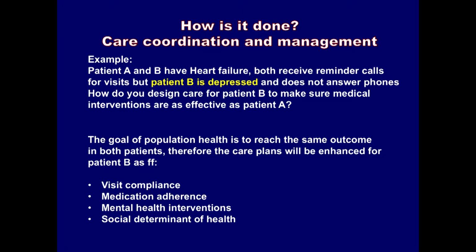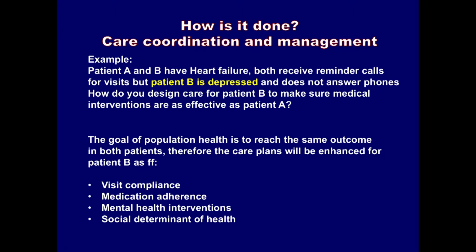How do you design care for patient B to make sure medical interventions are as effective as for patient A? That is population health 101. Okay? Because we want to make sure that everybody gets the care.